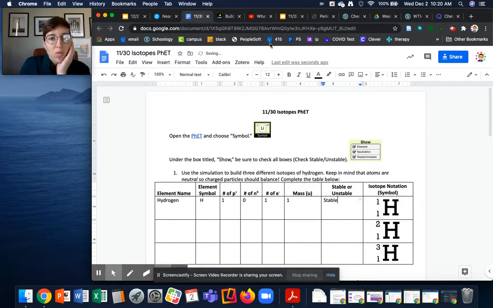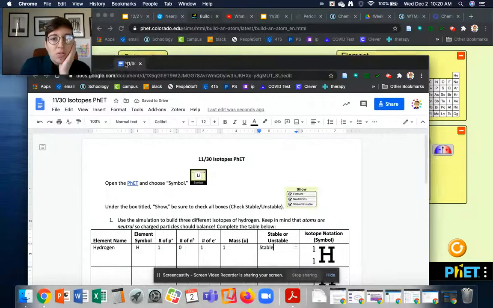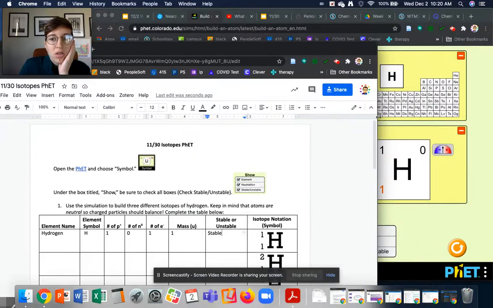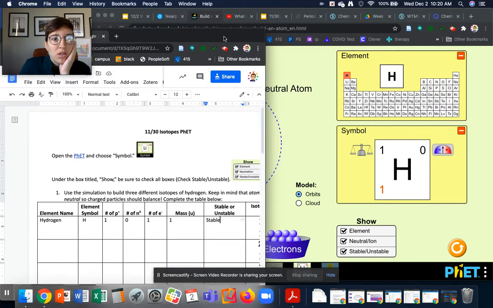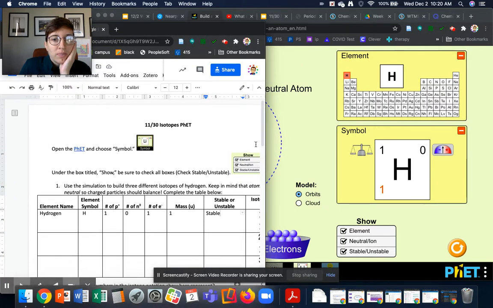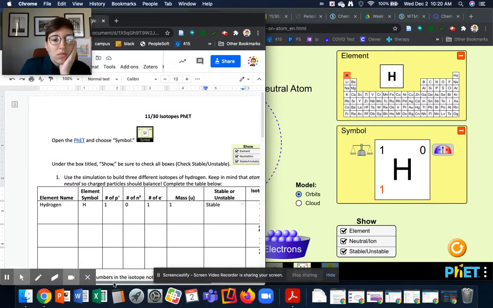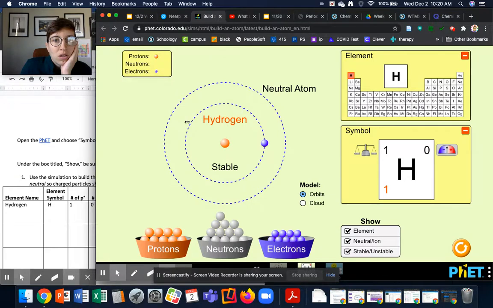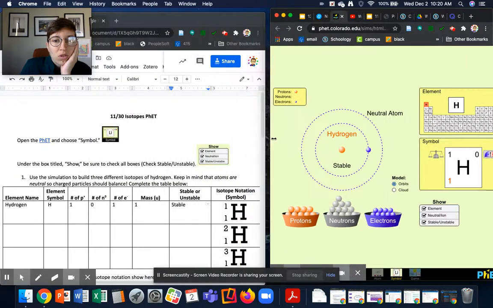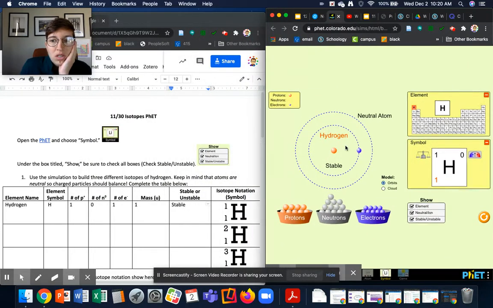All right, so what we're going to do next, let me split this a little so we can see what's going on. All right, so the next one we want to build, the only difference here is that this 1 in the top left became a 2. So let's see if we can get that number to be a 2.